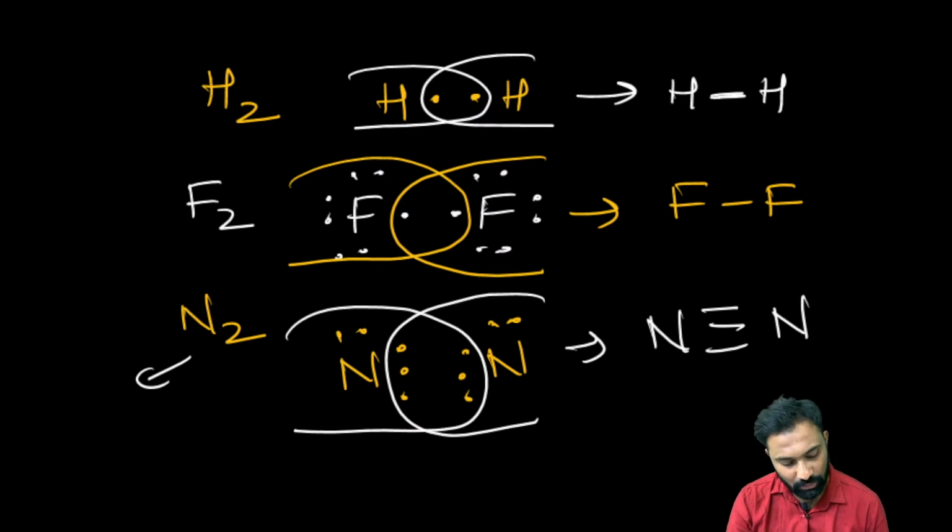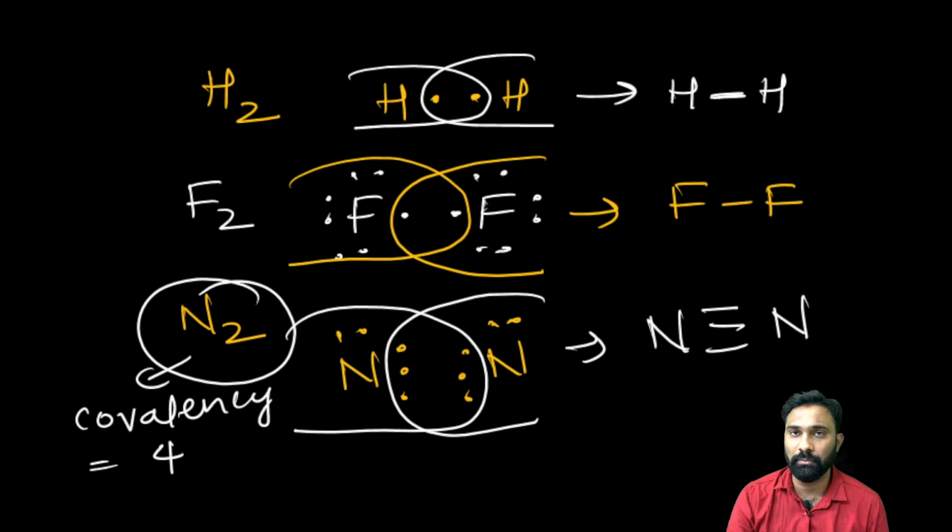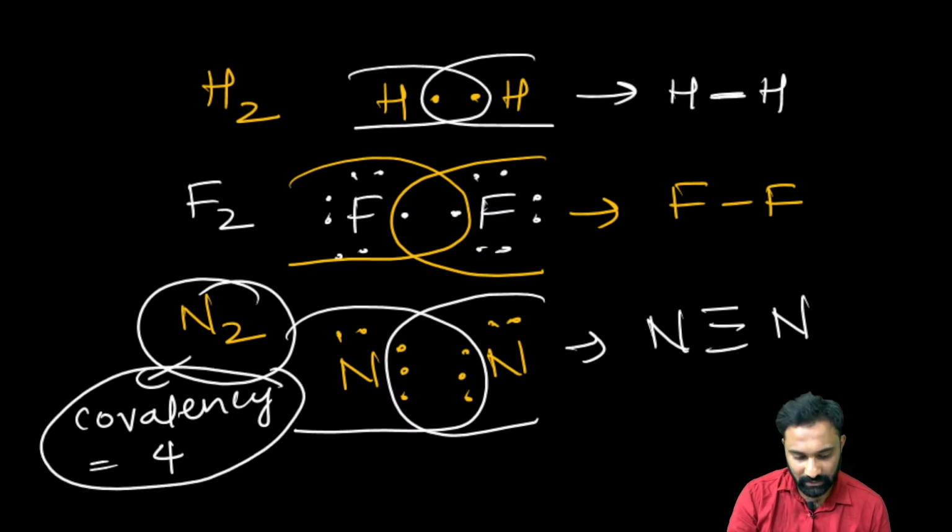For that reason we may think its covalency is 3, but actually the nitrogen covalency is 4, because it will form one coordinate covalent bond. In the next topic of this lecture itself, I will explain very clearly the meaning of coordinate covalent bond and how nitrogen forms 4 bonds.